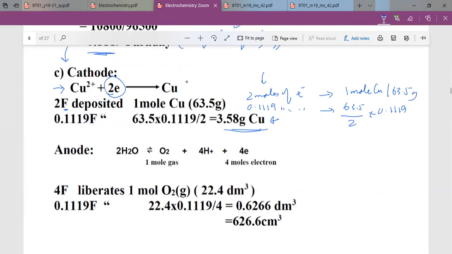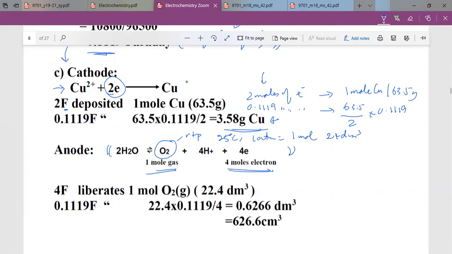Now for the anode, you use another equation here. This is the one I told you, the AS and A2 equation. So the amount of gas is one here. Normally they always say RTP: the temperature is 25 degrees centigrade and pressure is 1 atmosphere. So you can use 1 mole of gas occupies 24 dm cubed. So 1 mole of gas needs to be given up by 4 moles of electrons.